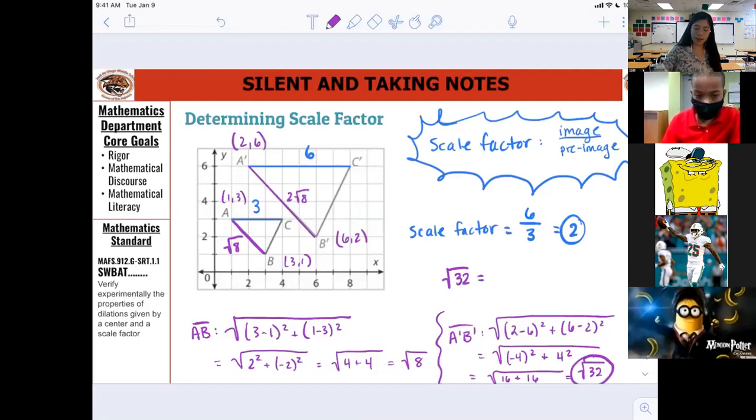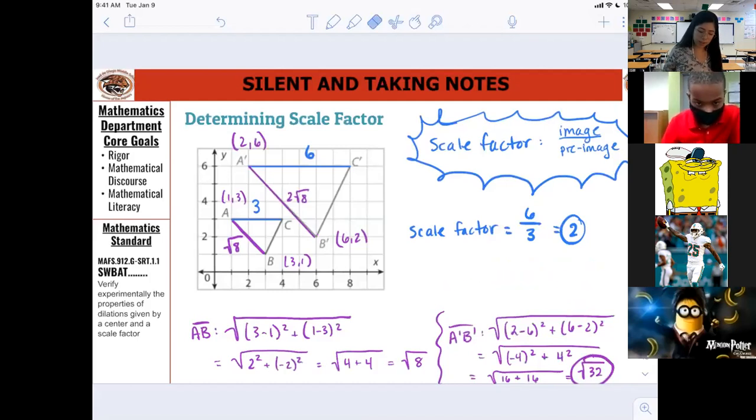Emily says 32 is the same as 8 times 4. 4 times 8. And you can take the square root of 4. This is the square root of 4 times the square root of 8. The square root of 4 is 2. So that's how we get 2 times the square root of 8. So we are correct, right? We definitely have a scale factor of 2.